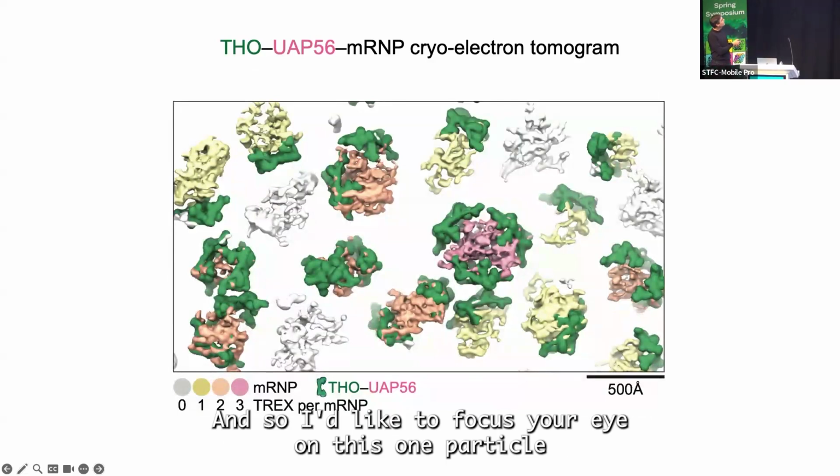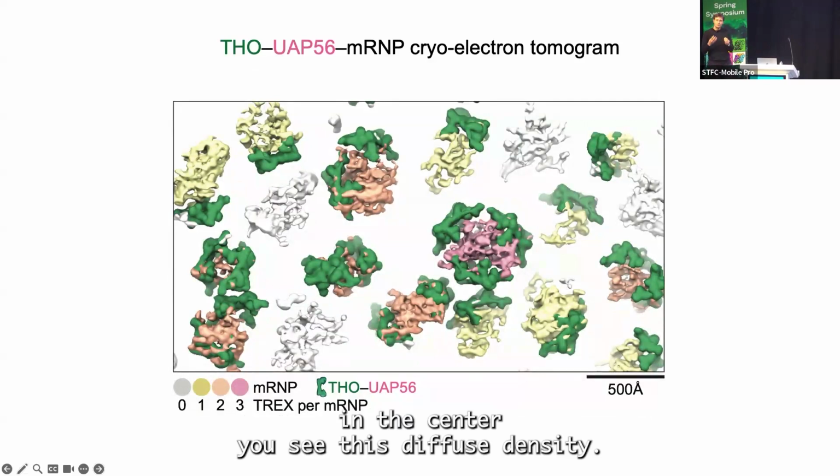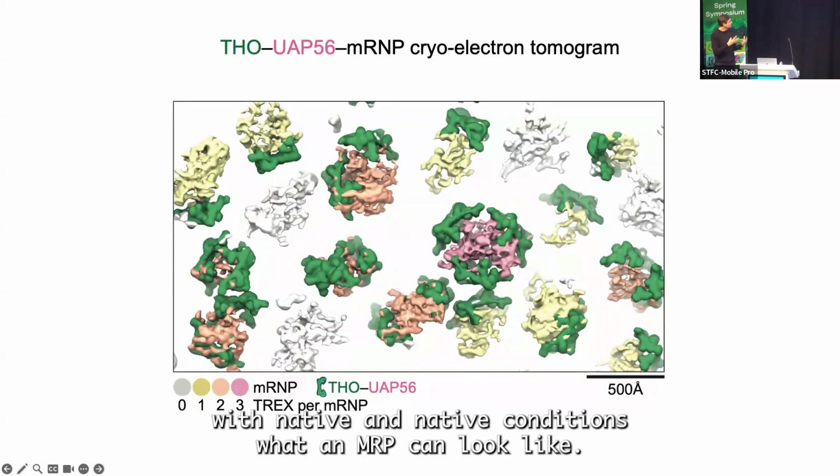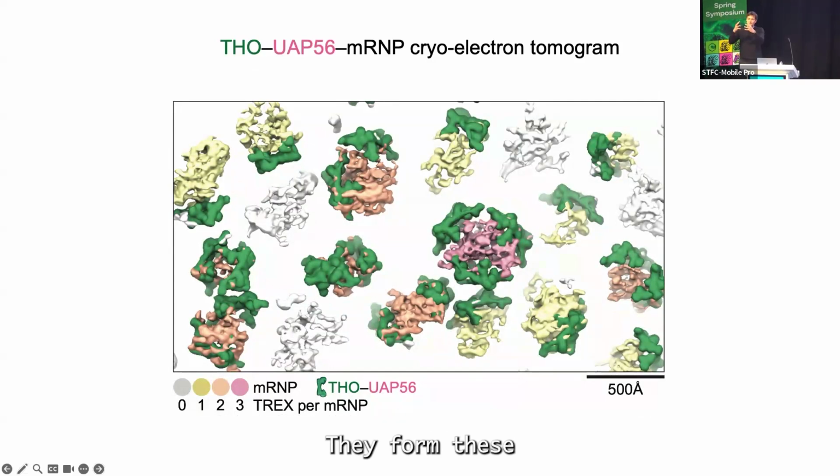And so I'd like to focus your eye on this one particle. In the center, you see this diffuse density, and this is the mRNP, visualizing for us under native cryo conditions what an mRNP can look like. They form these oval-shaped globules.